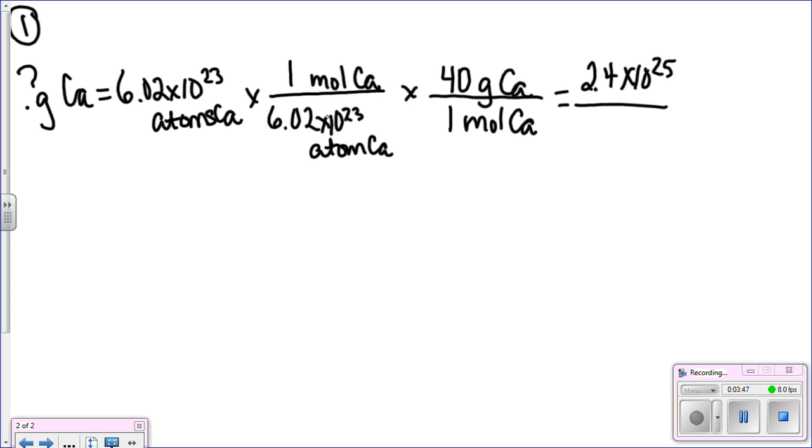Then I take 6.02 times 10 to the 23rd times 1, which is itself, and then I divide these out to get my final answer of 40 grams of calcium.